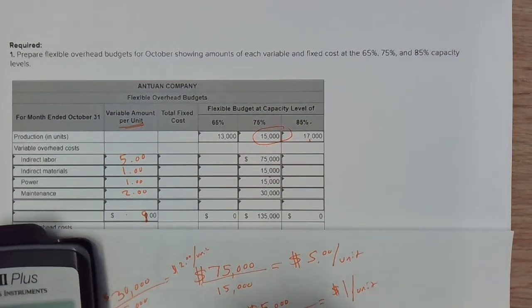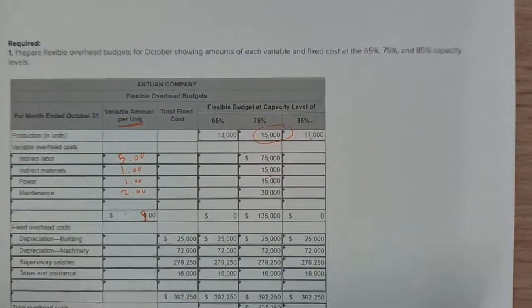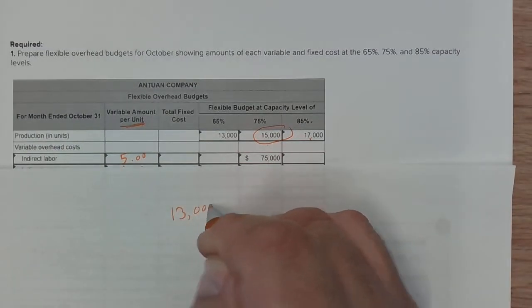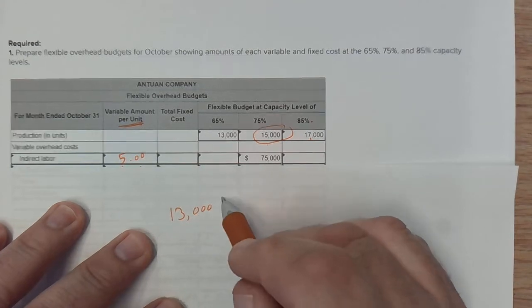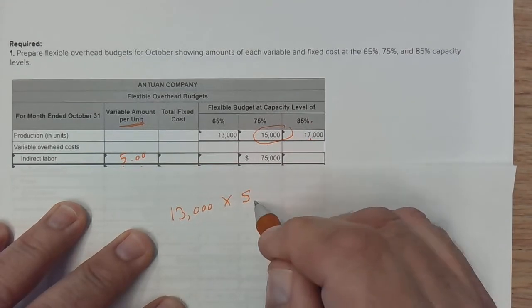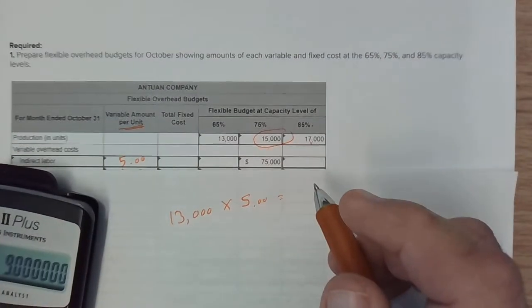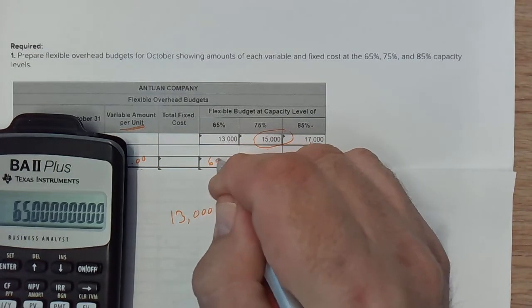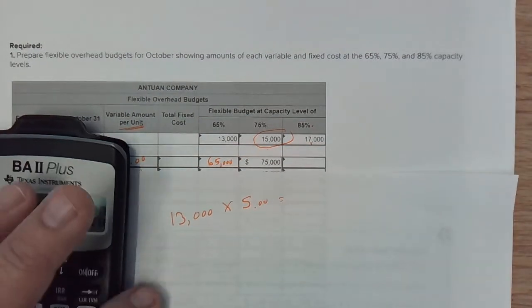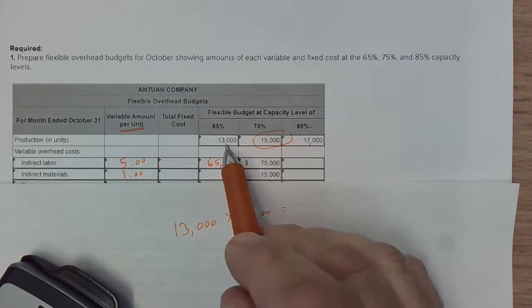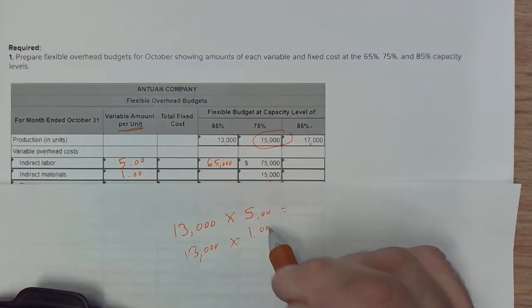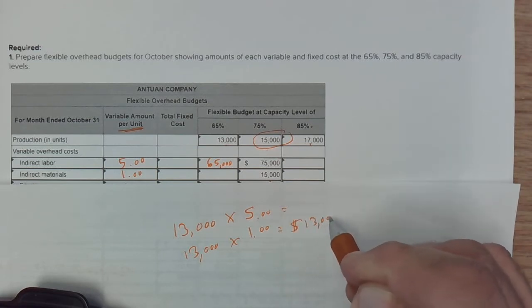So if I have 13,000 units, so let me flip this around and get some room to calculate here. So if we have 13,000 units that we're making, and we know our variable amount per unit is $5, when it comes to indirect labor, I can just multiply that out. 13,000 times the $5 per unit, and that gives us 65,000. Down to the next step, if we have 13,000 units and our indirect materials is $1 per unit, of course that works out to be $13,000.